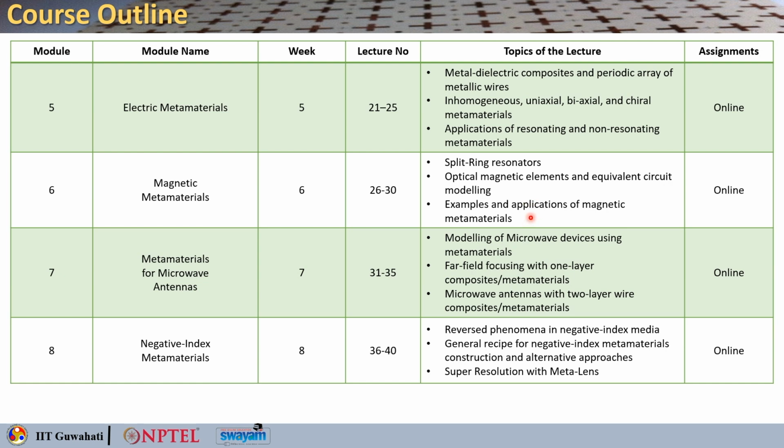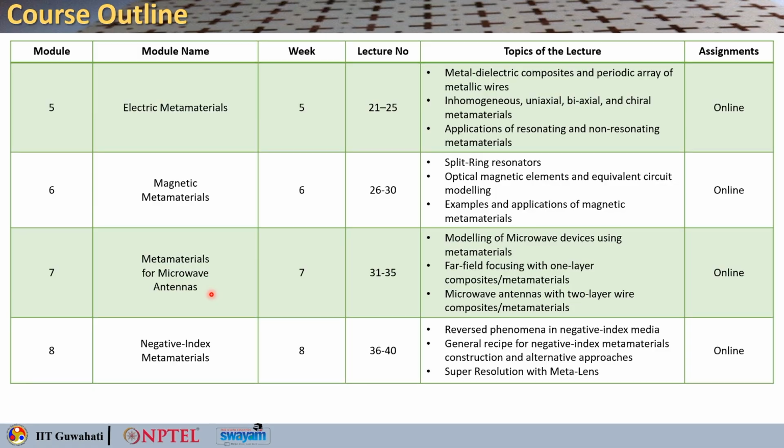We'll take up examples and applications of magnetic metamaterials. In week 7, we'll cover module 7, metamaterials for microwave antennas. We'll discuss the modeling of microwave devices using metamaterials, far field focusing with one layer composite metamaterials. We'll also discuss microwave antennas with 2-layer wire composite metamaterials.